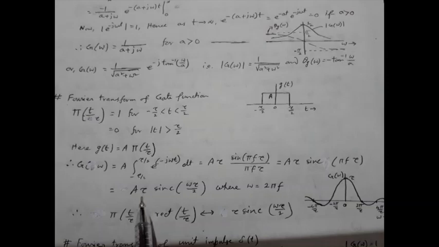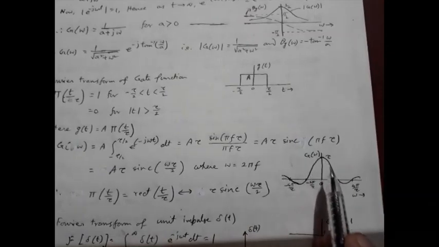So G(omega) can be determined as A tau sinc(omega tau by 2), and the sinc function looks like this. So the Fourier transform of a gate function is a sinc function.